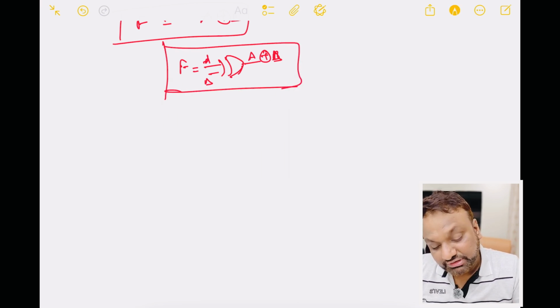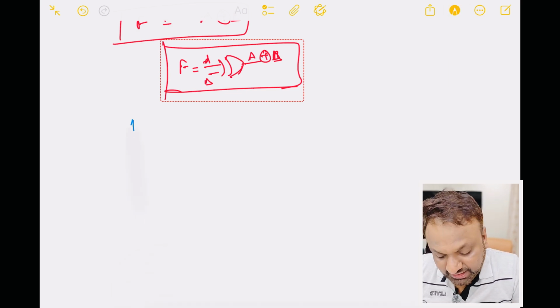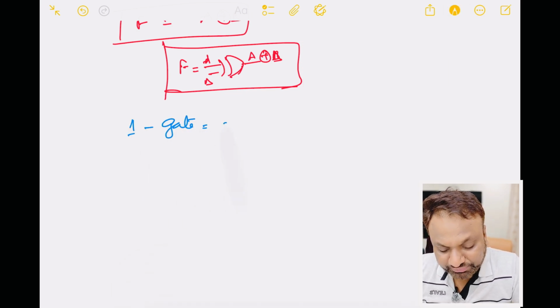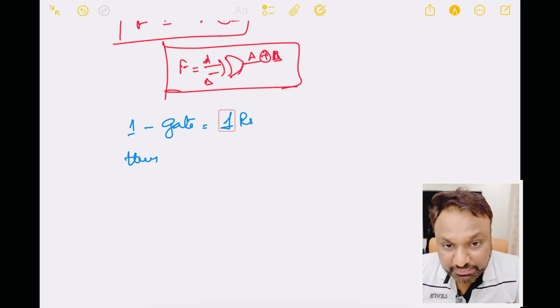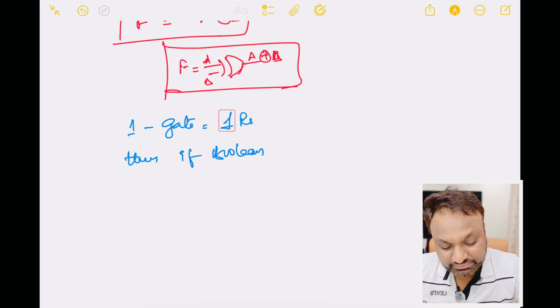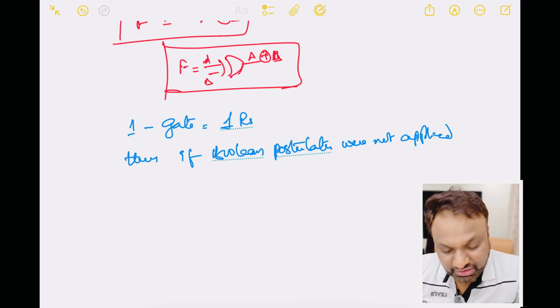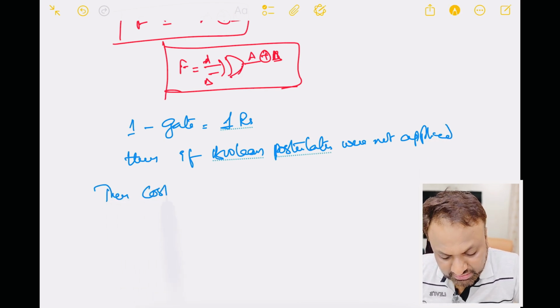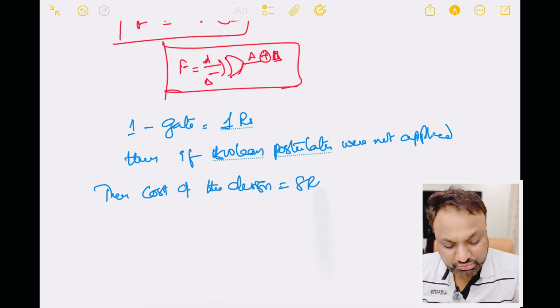Suppose the cost of each gate is 1 rupee. If Boolean postulates were not applied, the cost of the design was 8 gates, so 8 rupees.